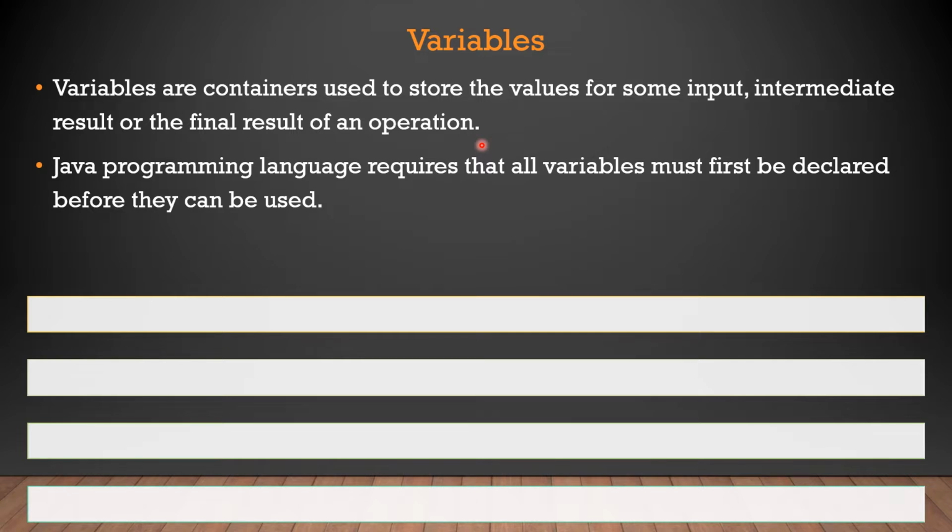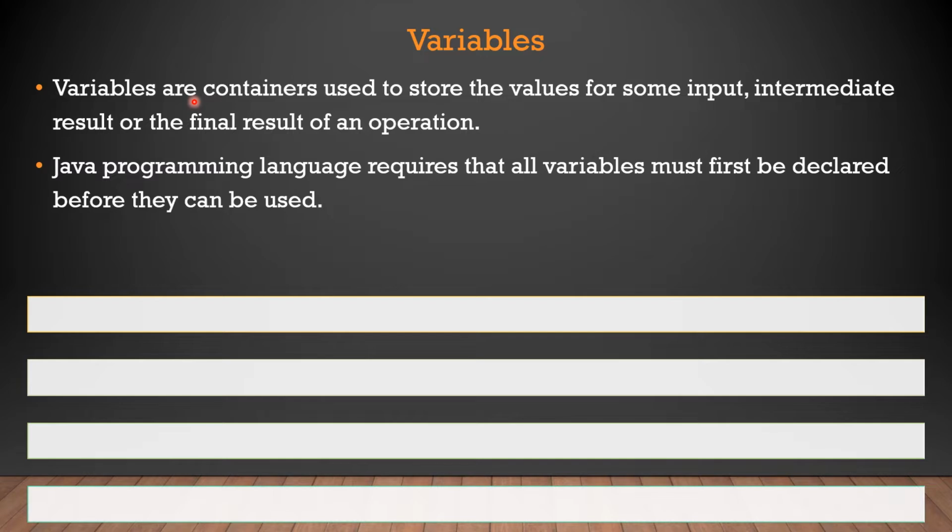So in any step, even in the beginning while giving input, or in the intermediate, or in the final result, we may require variables. And what are variables? They are containers that are used to store the values. Means we store the values in variables.